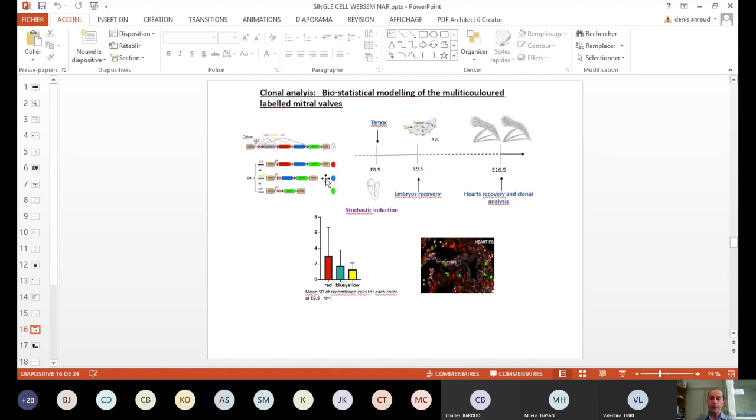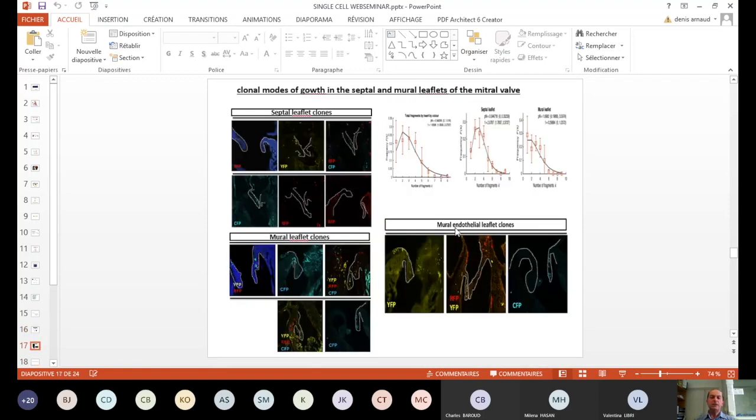But this is very rare because these are random recombinations. And you see, for example, at E9.5 in the heart, in the AV canal, cells in green and in red, which are coming from different recombinations. And then we could look at E16.5, and you see again all these clones that we have analyzed.